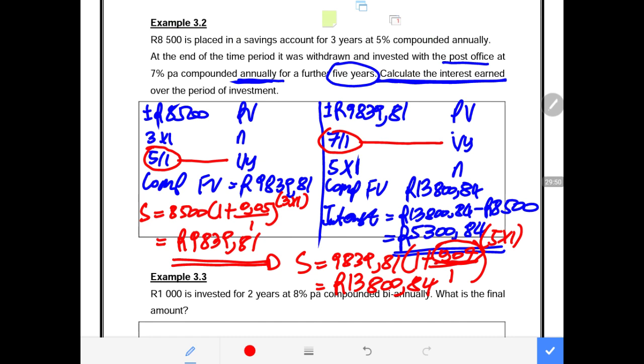But if you opt for the functions of the calculator, your interest is the whole number, 7% for example, and then don't forget to divide by the number of compounds in the period of a year. So make sure that you master that.